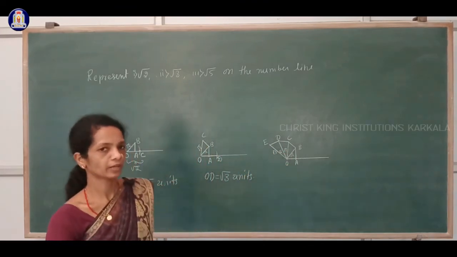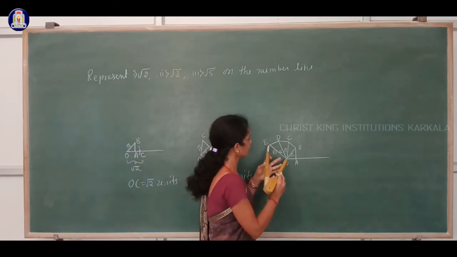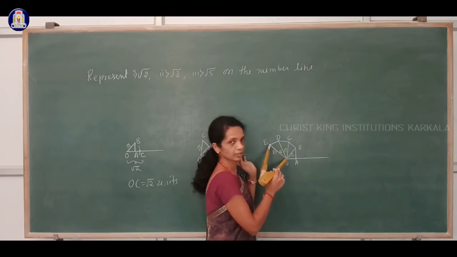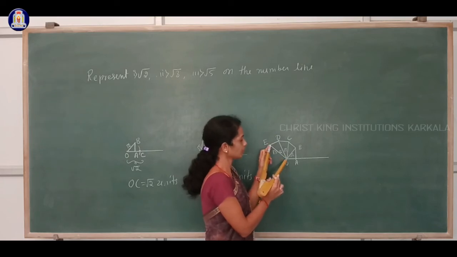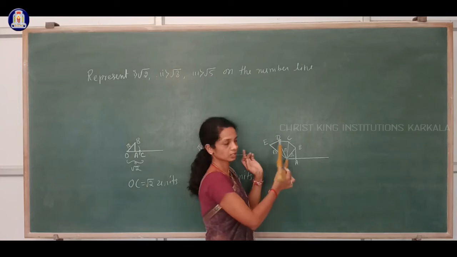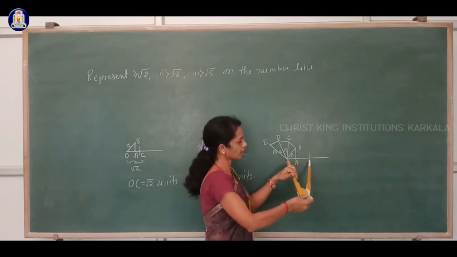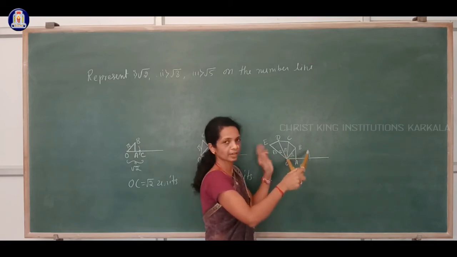That root 5, that is length of OE, you have to take in your compass. Take like this, keep one tip at O, another tip at E, then your compass will be with the length OE, that is root 5, and you have to draw arc. You have to cut that horizontal line by an arc.